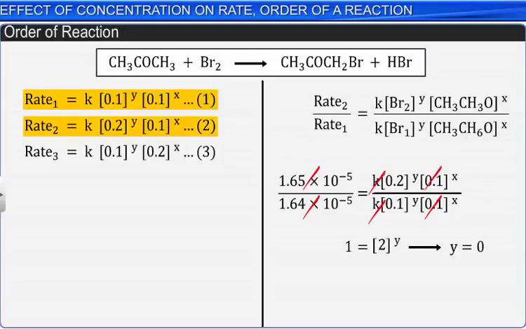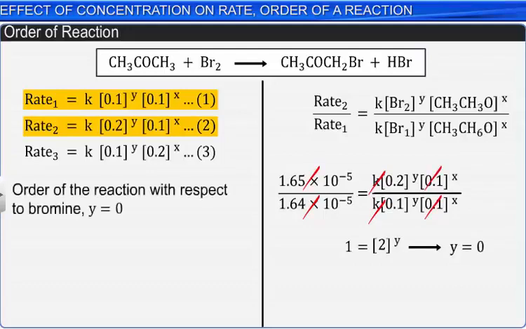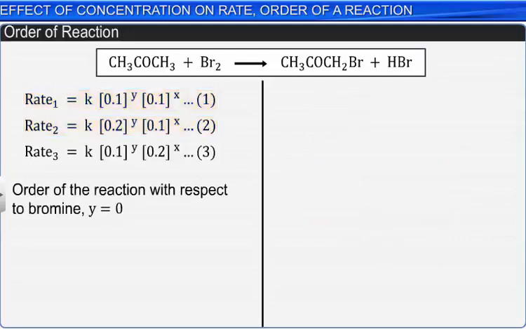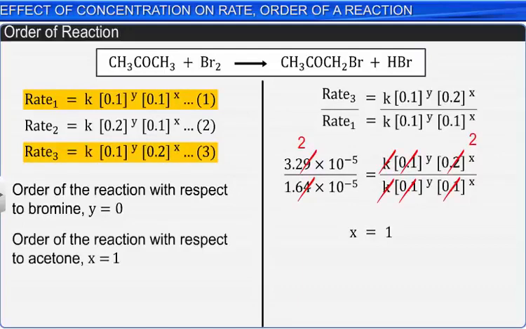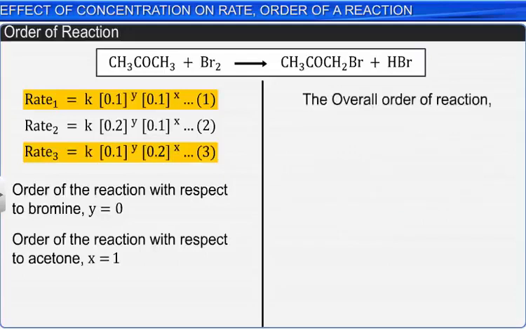Therefore, the order of the reaction with respect to bromine is 0. Similarly, we can calculate the value of x by dividing equation 3 by 1. We get x as 1, which gives the order of the reaction with respect to acetone as 1. The overall order of the reaction is therefore 1 plus 0, which is 1.